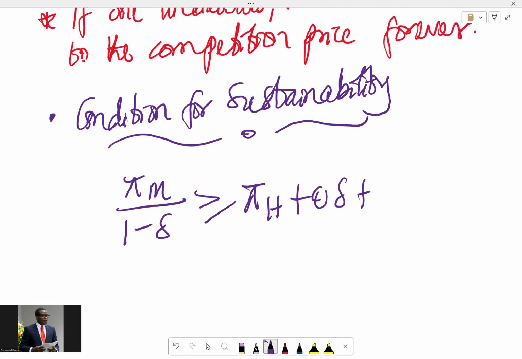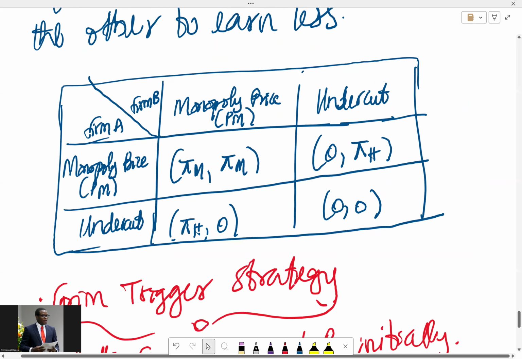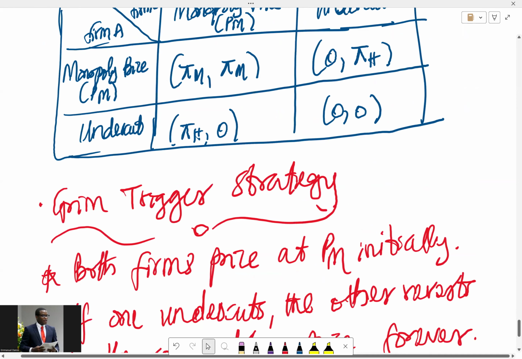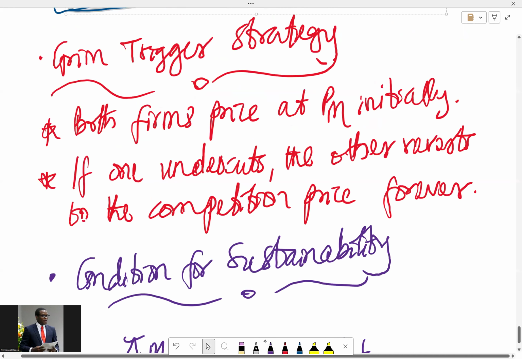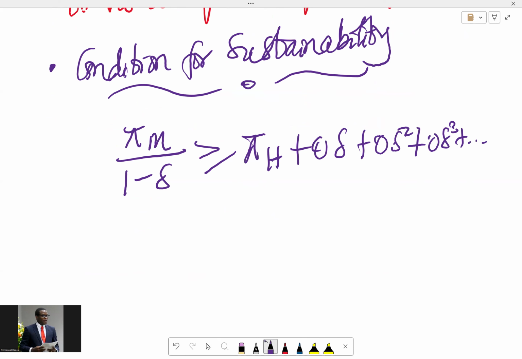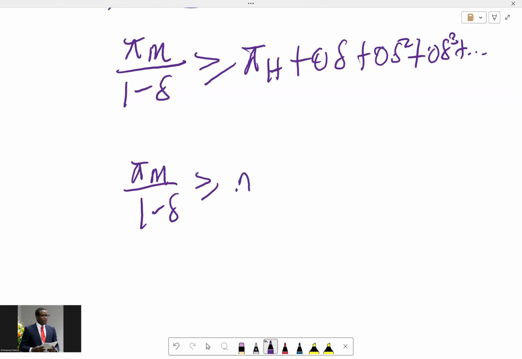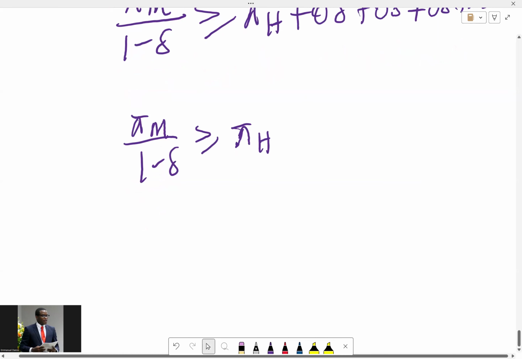You know those 0, 0, right? You see this pi H now is where you have pi H, 0, 0, pi H. So it's more like what we had the other time. Instead of having all that delta squared, we have 0 delta, 0 delta squared, 0 delta cubed, and so on. So ultimately we have pi M over 1 minus delta is greater than or equal to pi H. Okay. So we want to make delta the subject, as you can imagine.